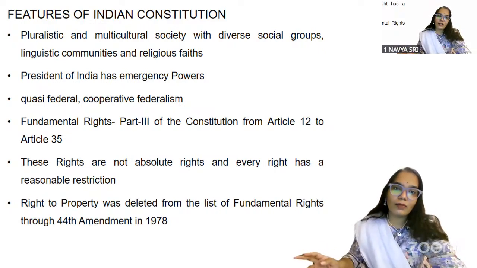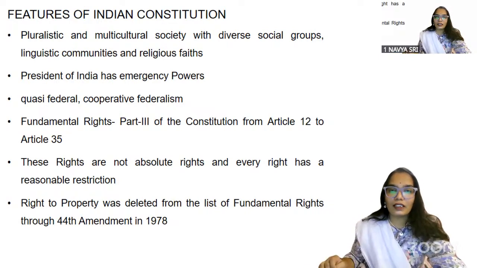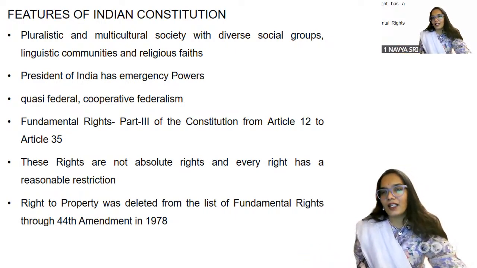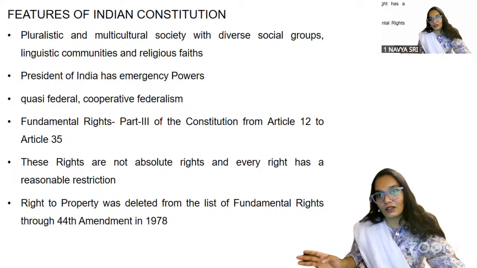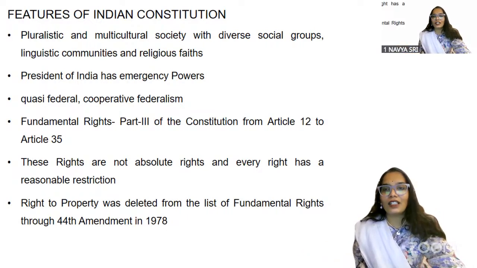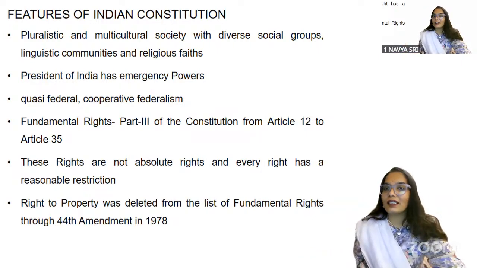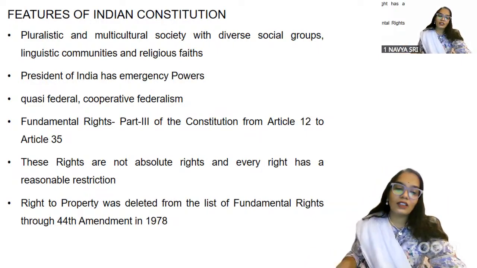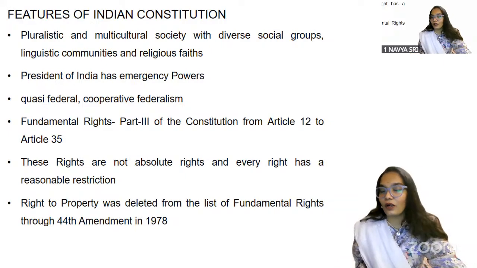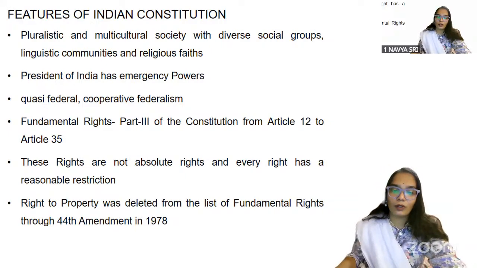They are also termed a mini constitution because words like secular and integrity were added to the preamble, the electoral structure was deferred, and various amendments to the constitution altered the basic structure. So the 42nd and 44th Amendment Acts are very important.